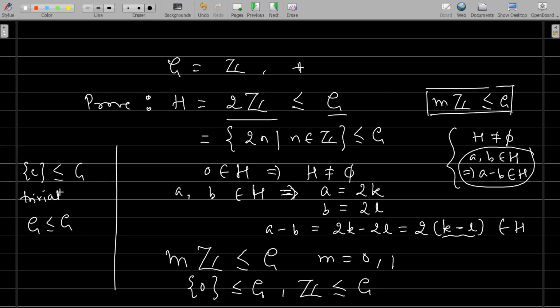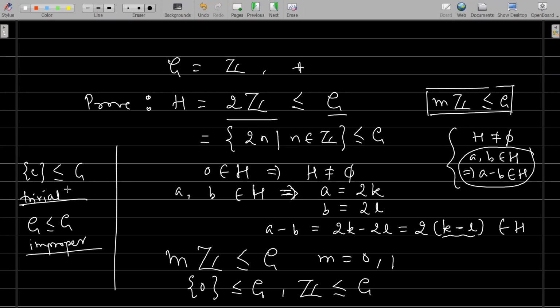So these two are always subgroups. The identity is called the trivial subgroup. The whole group is called improper. Anything strictly smaller than G is called proper. So anything between E and G will be called non-trivial proper.